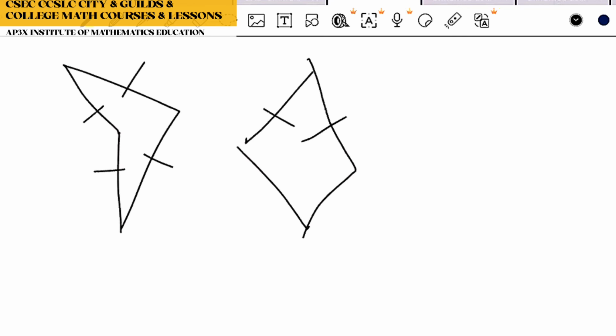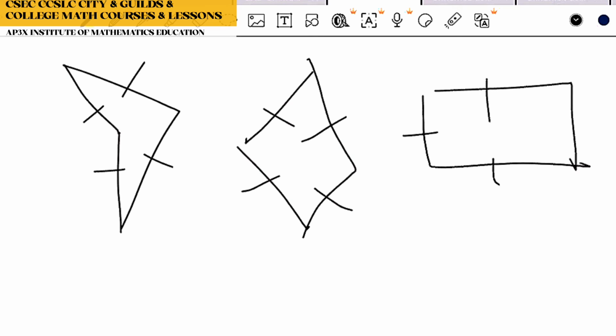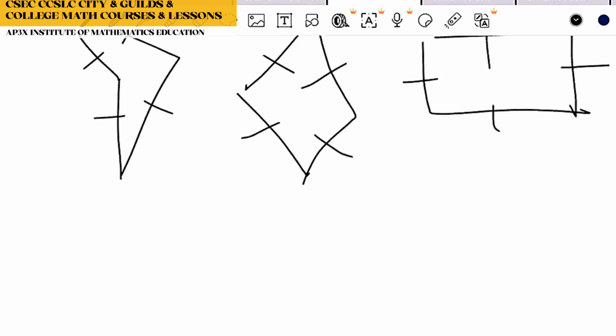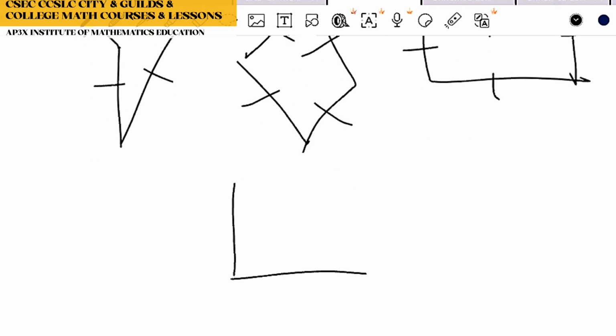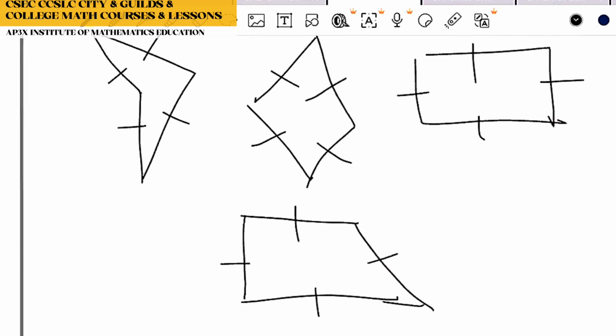Each of the shapes has 4 sides. So which one is a trapezium? The last one that you drew is a trapezium. Okay, so that would be D.